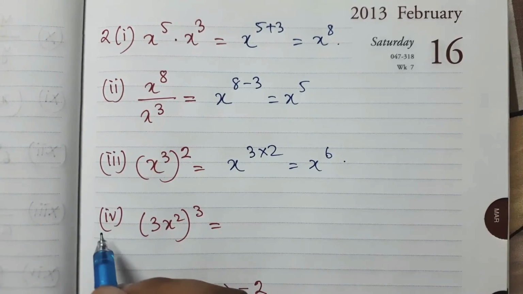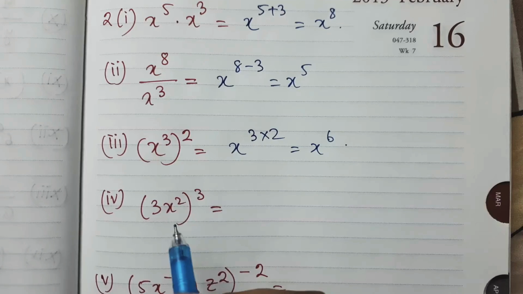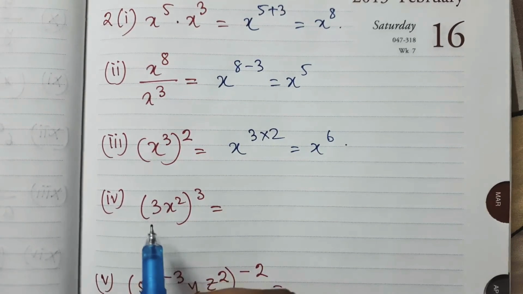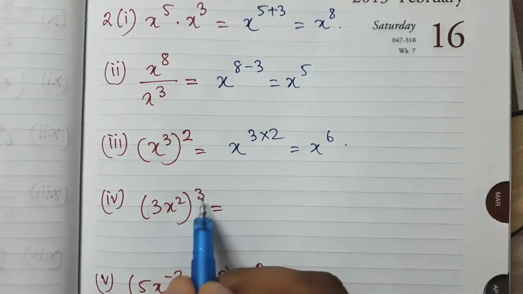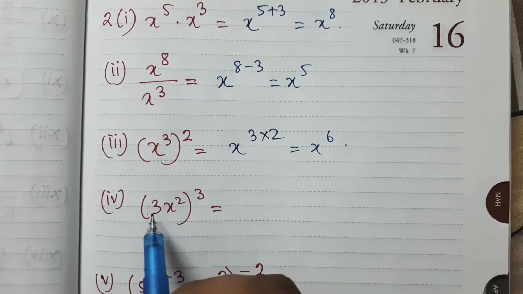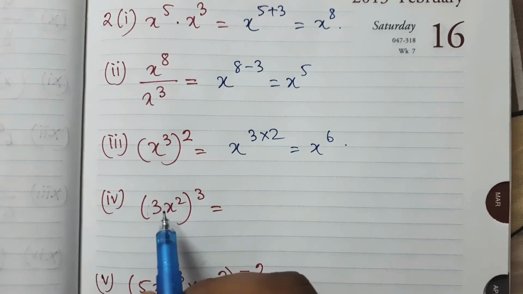Problem number 2, part 4. Now here you need to apply two formulas. First you need to apply formula number 3. Why? Because this term into this term, then a power is given. So one base and then another base, with a multiplication between them.